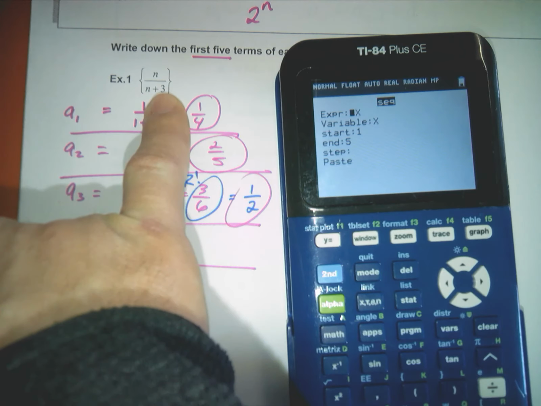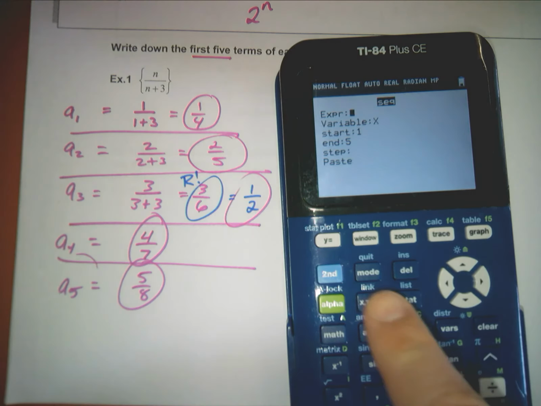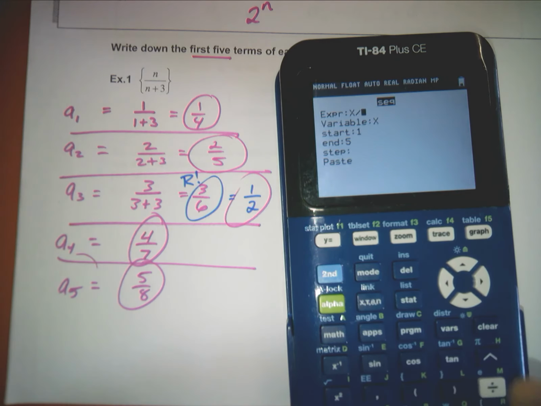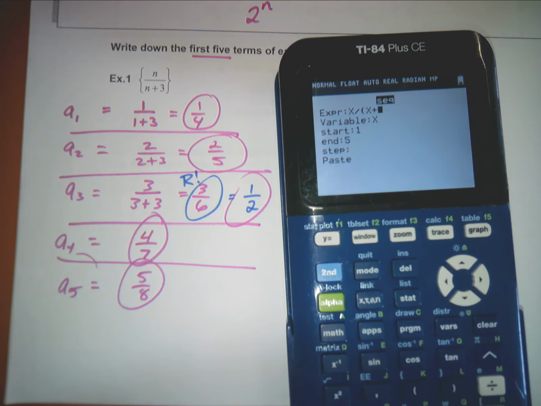The formula that I want to type in for my sequence, my expression, EXPR stands for expression. I have n over n plus 3, so I'm going to use x's. So I'm going to do x divided by, I have a binomial, so I'm going to divide by that whole thing, x plus 3, close it. So use parentheses around binomials and trinomials.